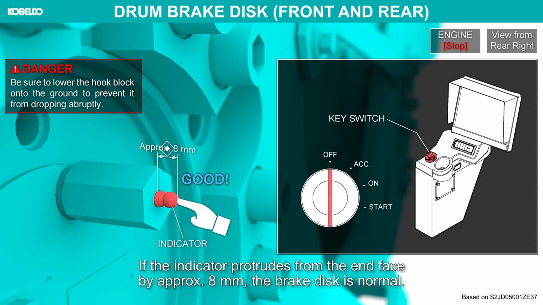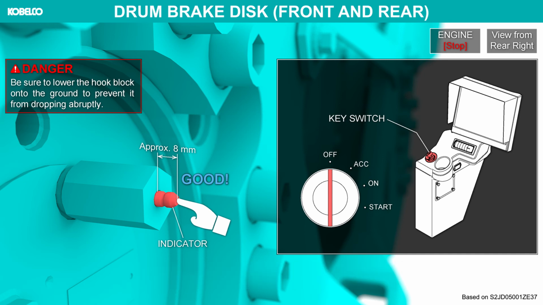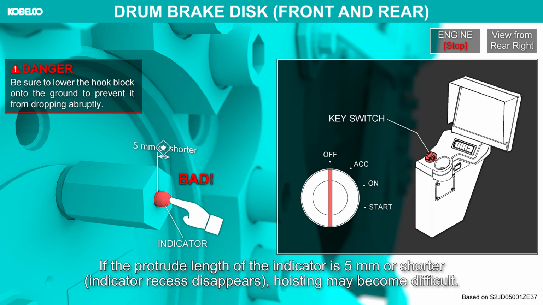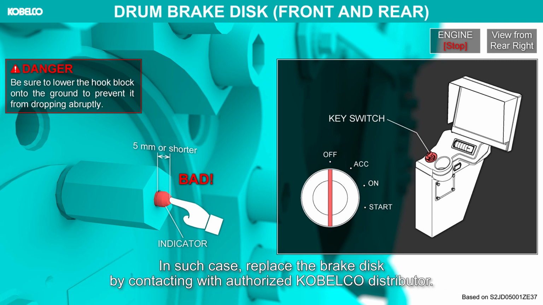If the indicator protrudes from the end face by approximately 8 mm, the brake disc is normal. If the protrude length of the indicator is 5 mm or shorter and the indicator recess disappears, hoisting may become difficult. In such case, replace the brake disc by contacting authorized Kobelco distributor.